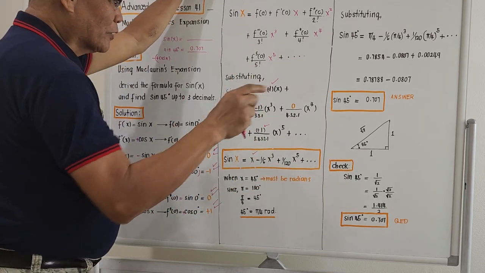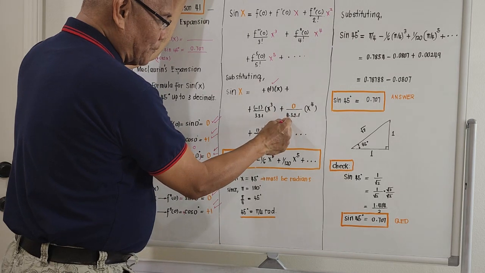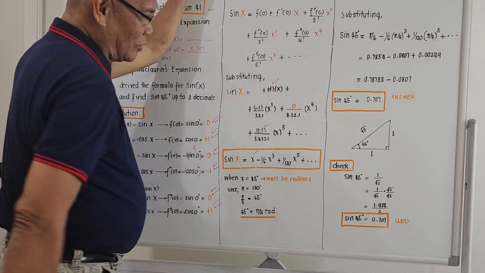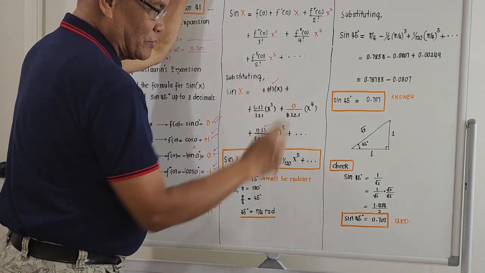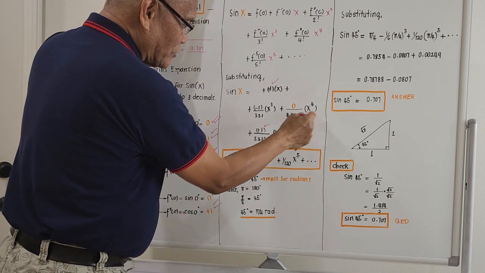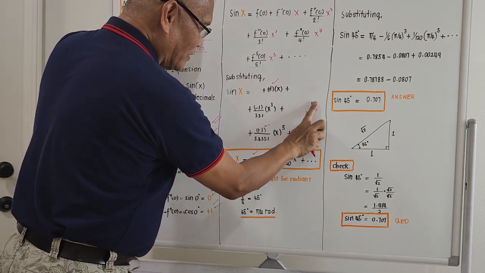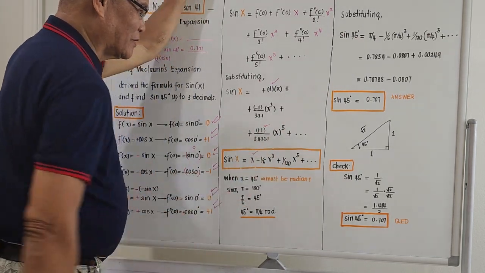The fourth one is 0 over 4 times 3 times 2 times 1. 4 factorial is 24. 0 over 24 is 0, and 0 times x to the 4 will be 0. So actually this term is missing. There is no x to the 4th in the resulting answer.